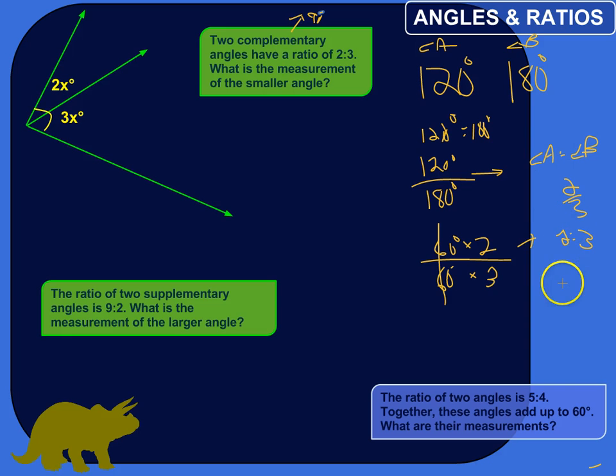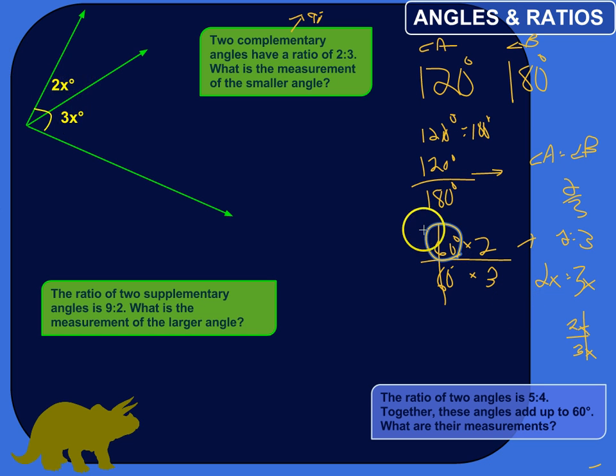So I could rewrite this ratio over here as 2x to 3x, because if you look at it as a fraction, the x's would cancel out, and so that'd be 2 to 3. So the ratio of 2x to 3x is equivalent to the ratio of 2 to 3. In this case, with these random angles, the x turns out to be 60 degrees.